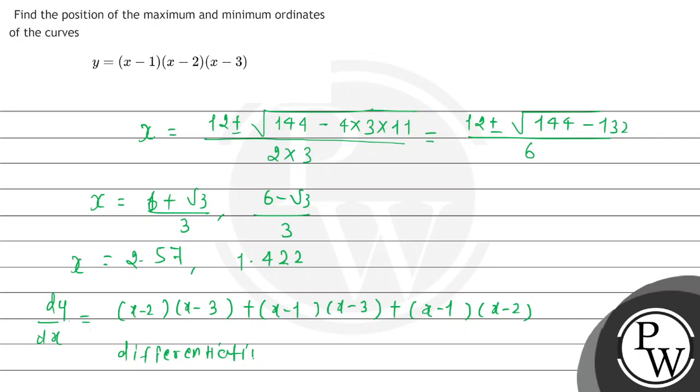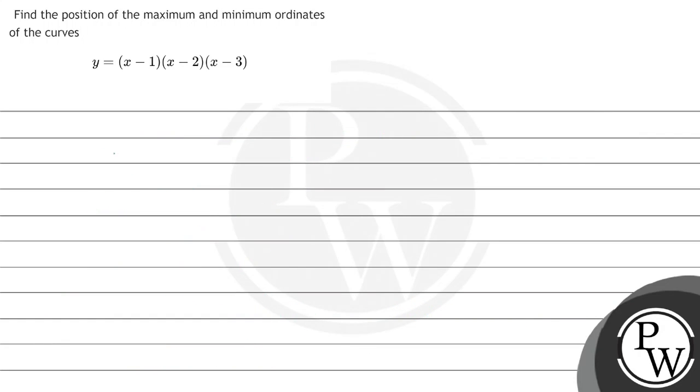We'll simplify this first and then differentiate. After simplifying, we get 3x² − 12x + 11. So this was the value of dy/dx.